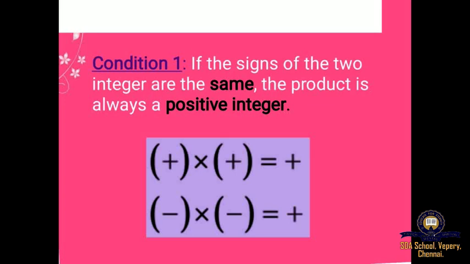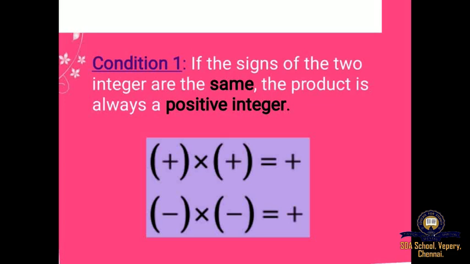That is, if both integers have the same positive sign, then their product is a positive integer. If both integers have the same negative sign, then the product is also a positive integer.